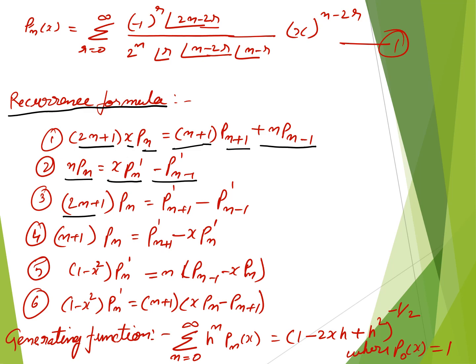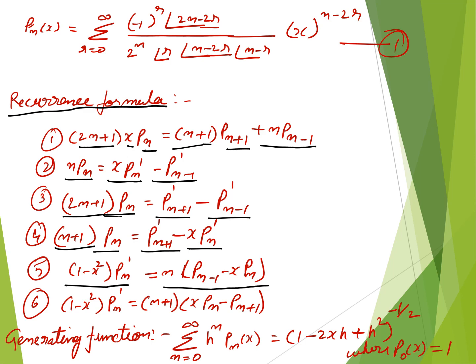Third is (2n plus 1) Pn is equal to Pn plus 1 dash minus Pn minus 1 dash. Dash means the derivative. Fourth is (n plus 1) Pn is equal to Pn plus 1 derivative minus x Pn dash.